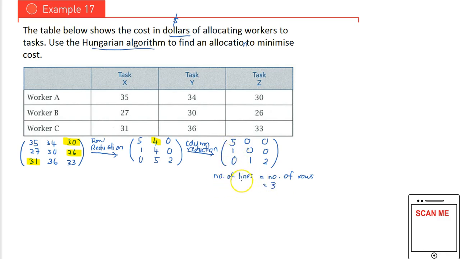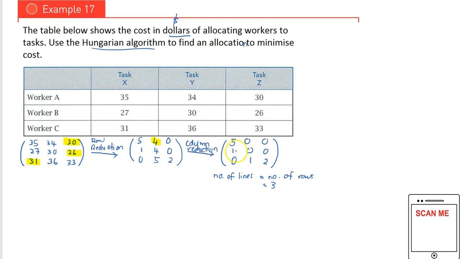So you need to draw lines. Listen carefully. How are you going to draw the lines? How many 0s over here? 1, 2, 3, 4, 5. 5 zeros. You want to cover all these 0s with the minimum number of lines.